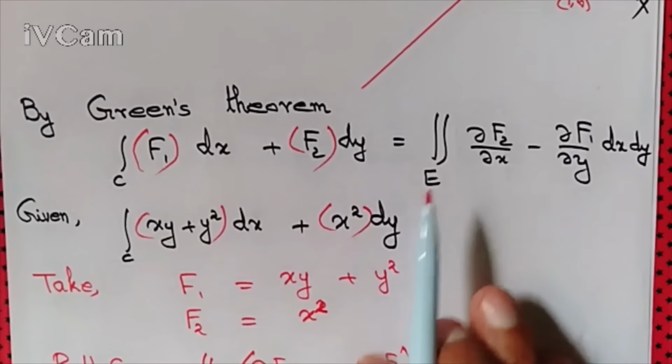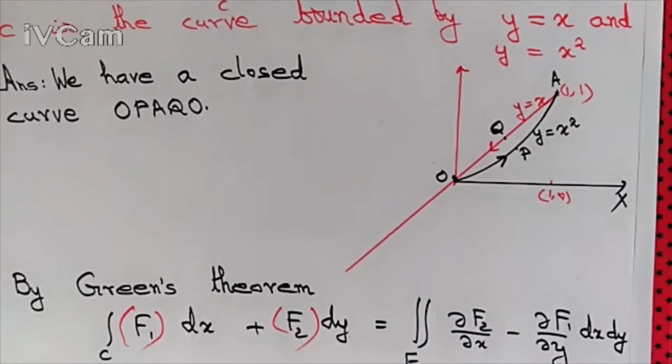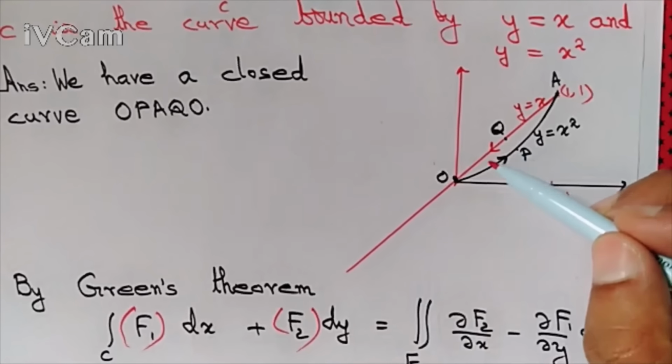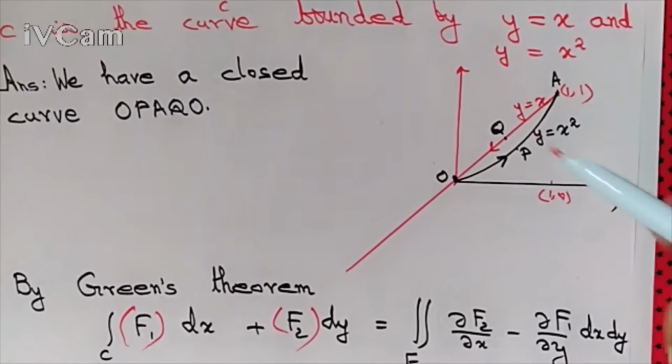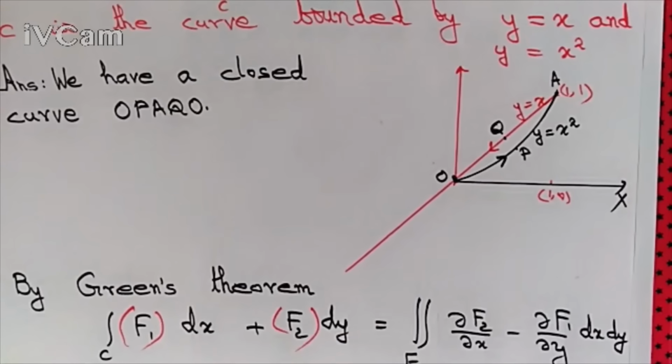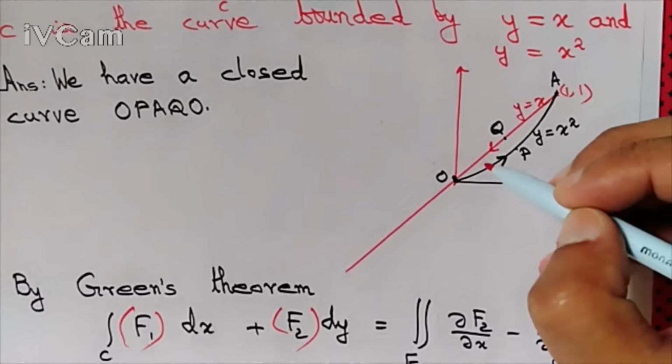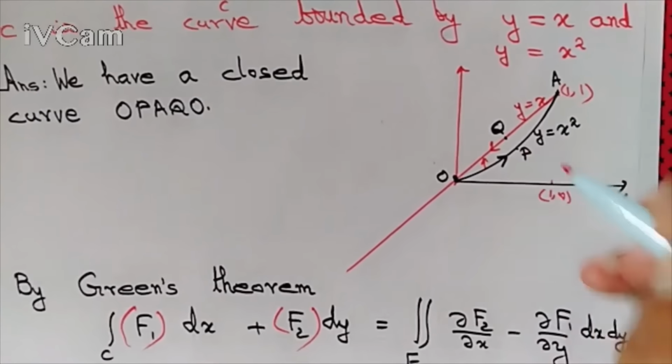Let's look at the region here. We need to just cover up the area bounded by the parabola and the straight line. Now we just need to cover this area.